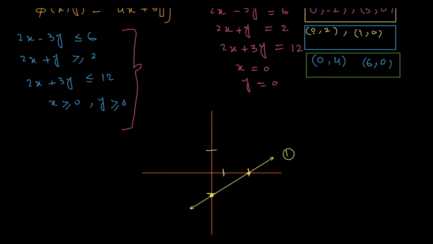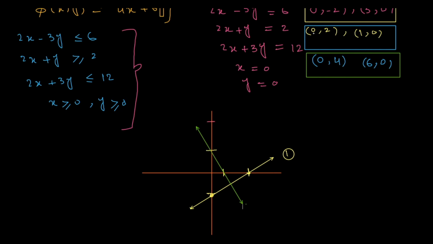Now this line will be just like this, and the next, our third line, is passing through 0 comma 4. 0 comma 4 means that if this point is 2, here it will be 4.